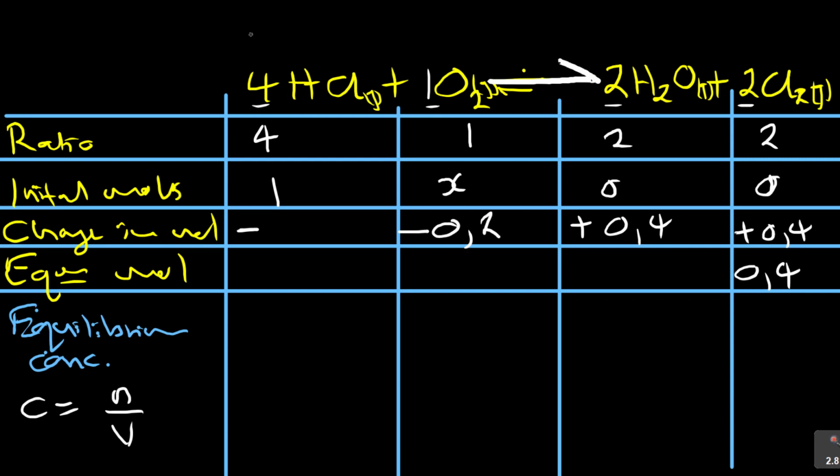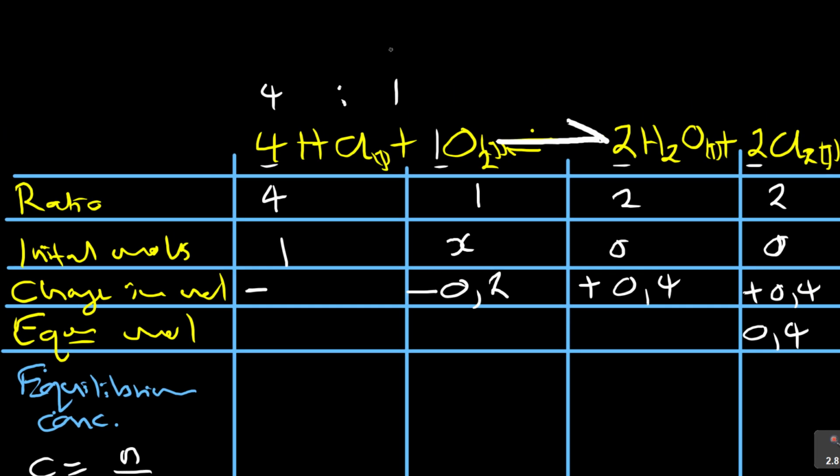But look at this one, HCl, and this is 4 is to 1, 4 times. So meaning if I know that here it's 0.2 of the oxygen, this is O2 and HCl. So it's 4 is to 1. What about 0.2? You multiply this by 4, because it's 4 times. So it's 0.8 here.